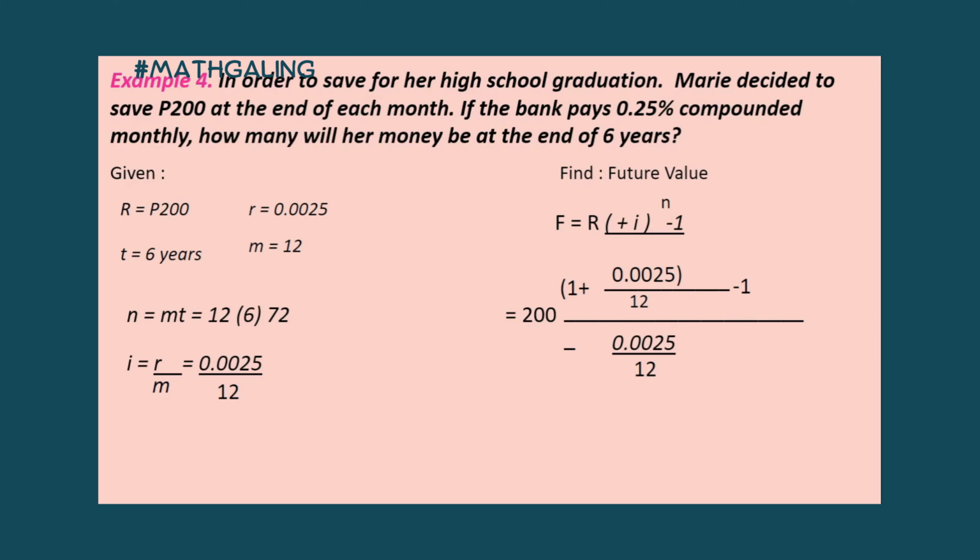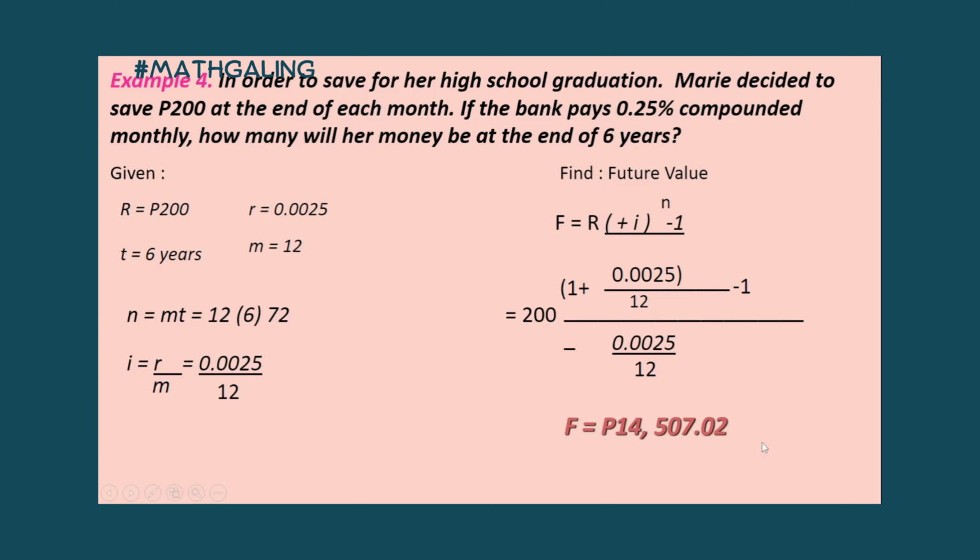So 200 open parenthesis 1 plus 0.0025 over 12 and minus 1 over 0.0025 over 12. So the answer is 14,507.02.